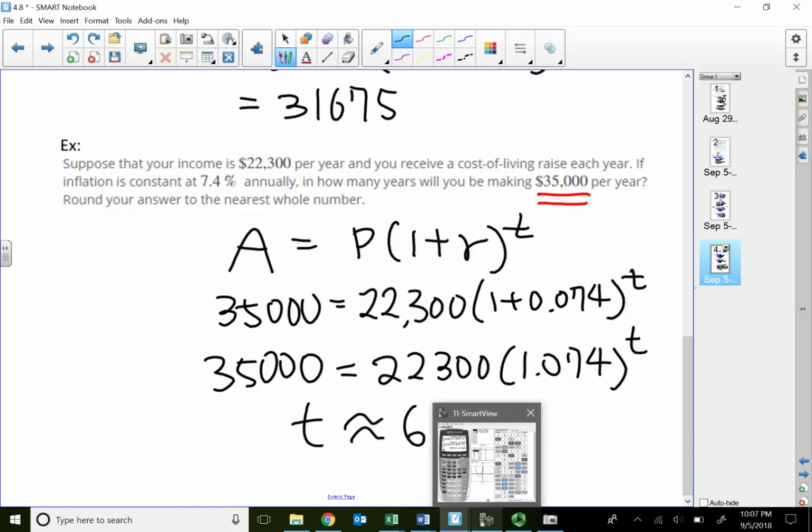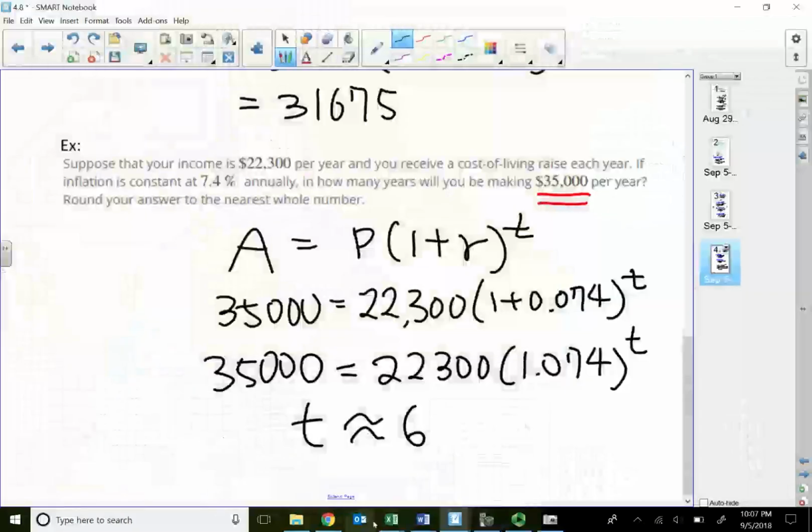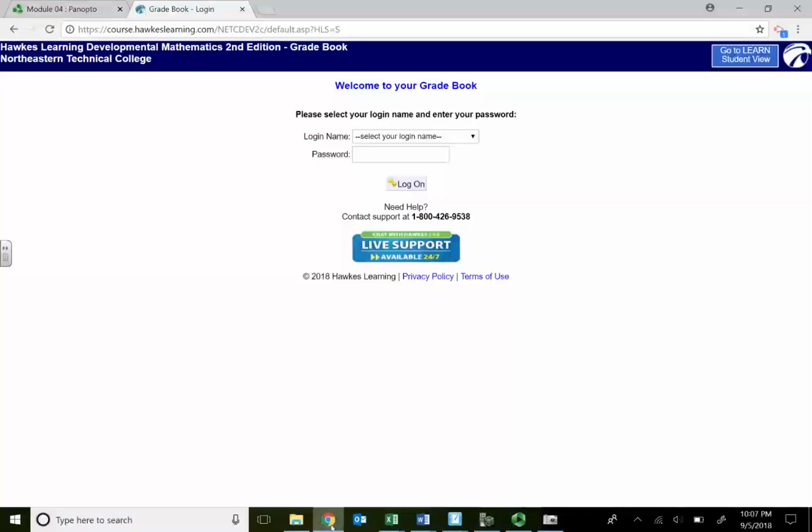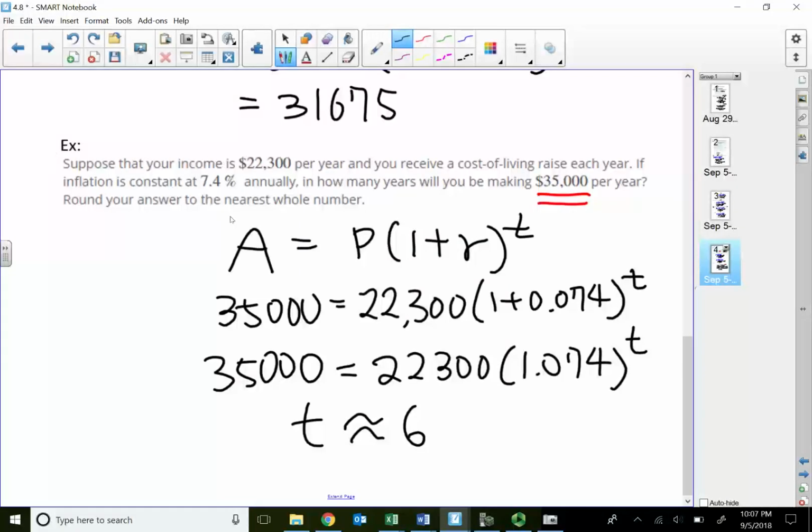Alrighty. So if you check out the same exact problem in your homework, they will probably show you a different way how to do this one. So the way I'm showing you is kind of doing an estimation of the time. Okay, I think that will suffice.